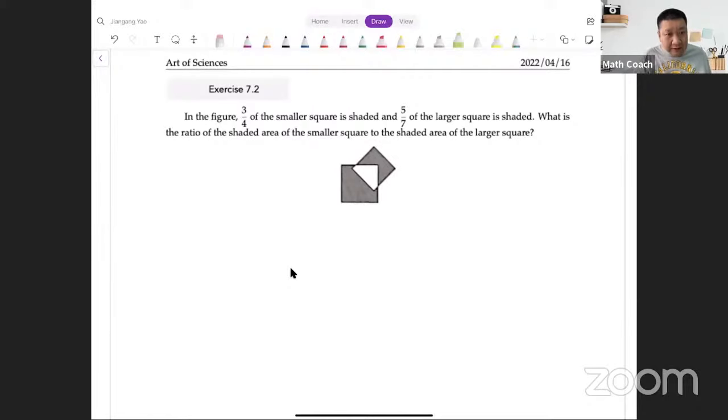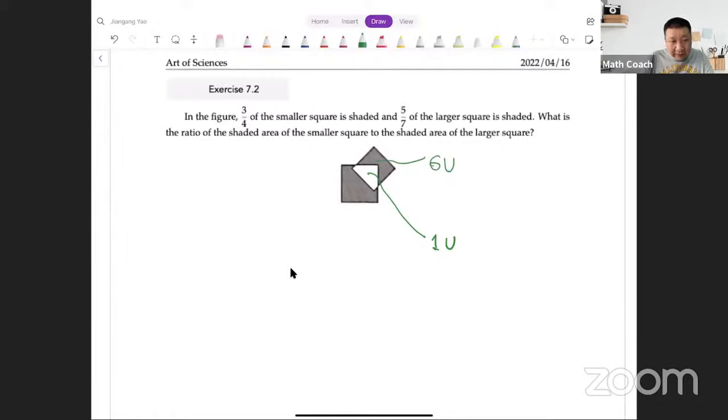a correct answer. Okay, so now it's 0 to 2, and the idea for this is we just assume that this bar is 1 unit, right? If this is 1 unit, because in the smaller square we have 1 quarter versus 3 quarters, so this part is actually 6 units. And then what about the other one?